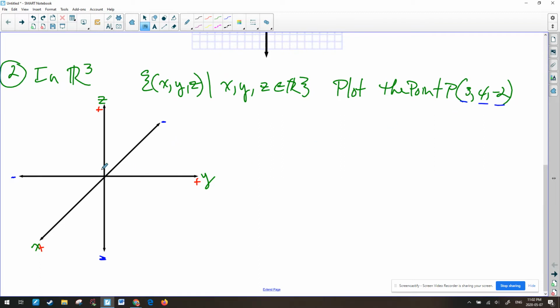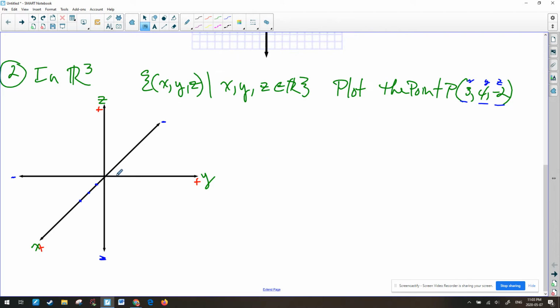So how are we going to convey that? I don't really have a scale on these, so I'm just going to set this up at home. At school, I have one that has it. So there's about 3. We're going to go out 1, 2, 3. So I've accounted for the 3, and then 4 on the y-axis.